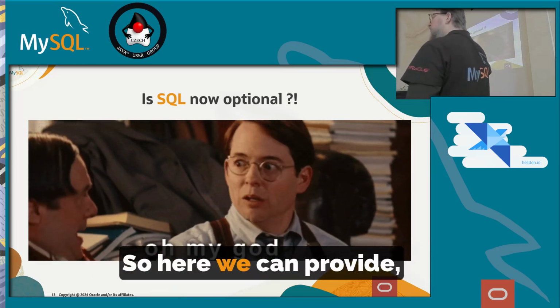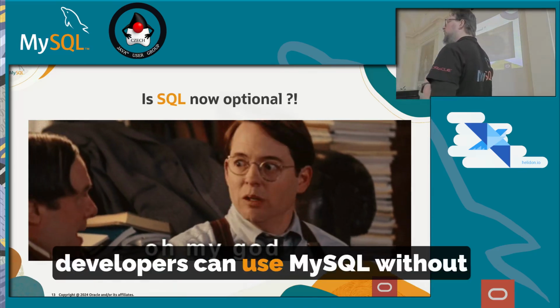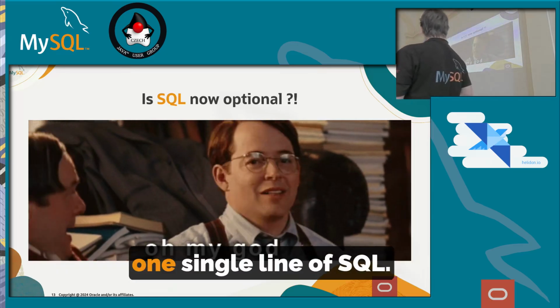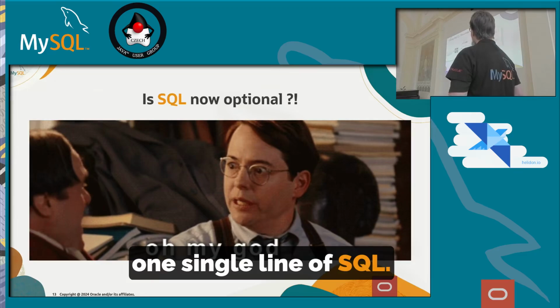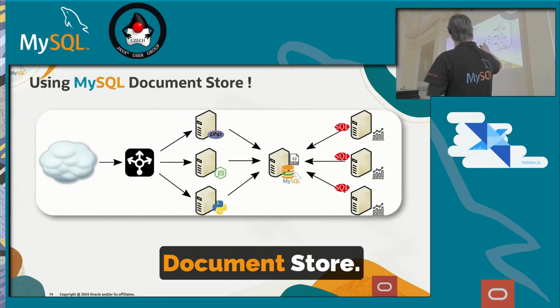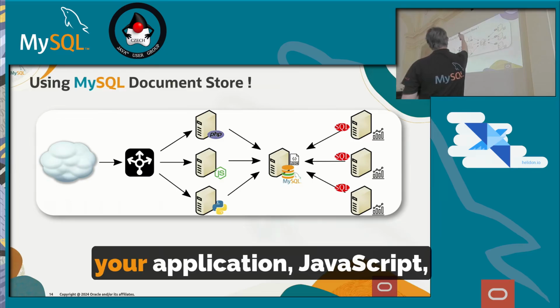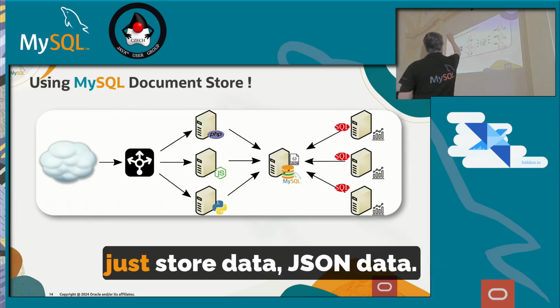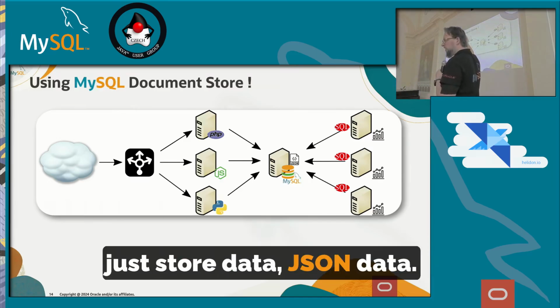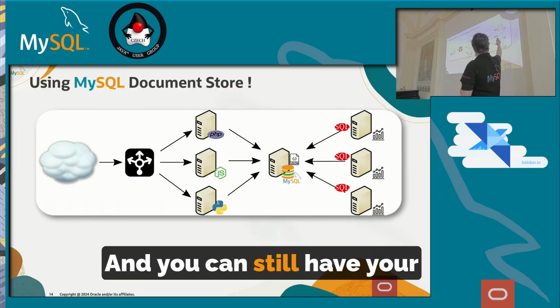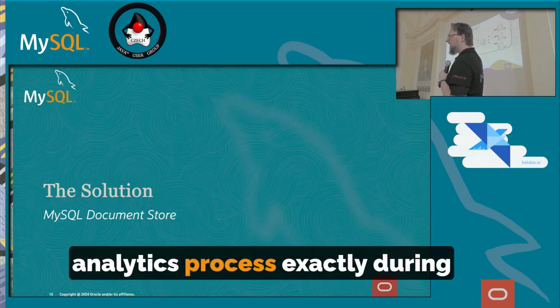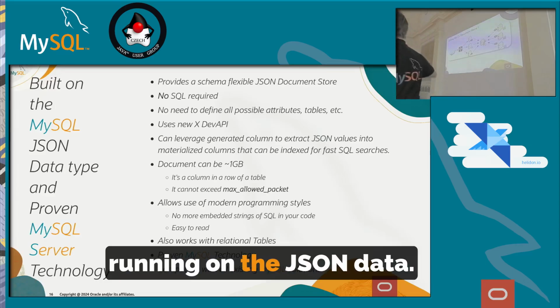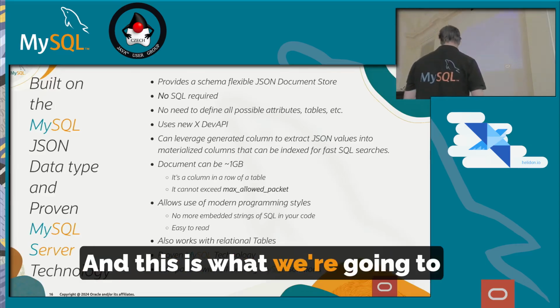So here, developers can use MySQL without one single line of SQL. This is the MySQL Document Store, so you can store your data from your application, JavaScript, Python, Java, whatever you want. Just store JSON data, and you can still run your analytics process exactly on the JSON data. And this is what we're going to see.